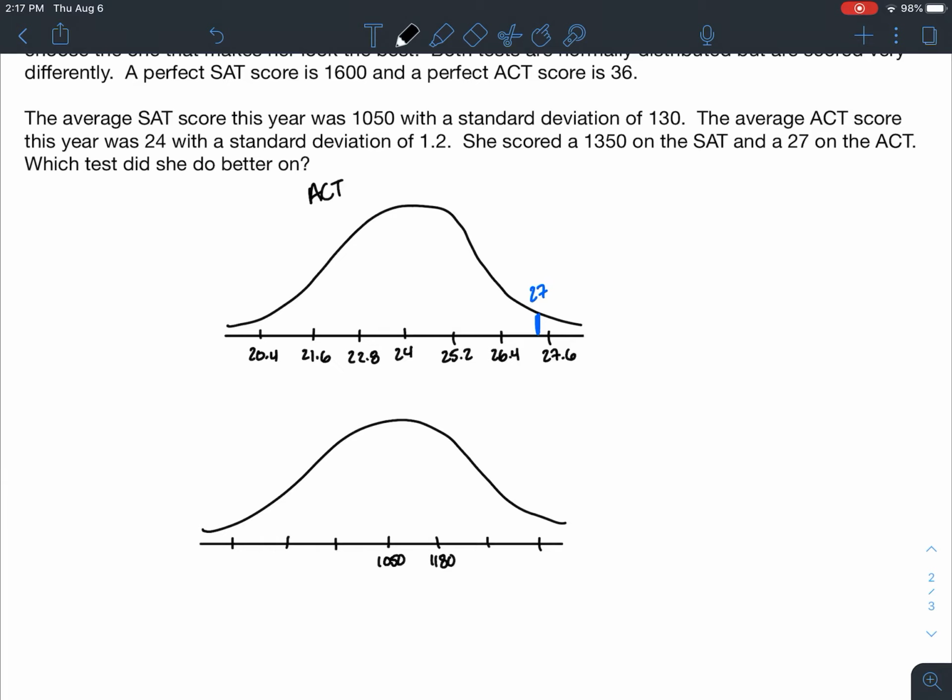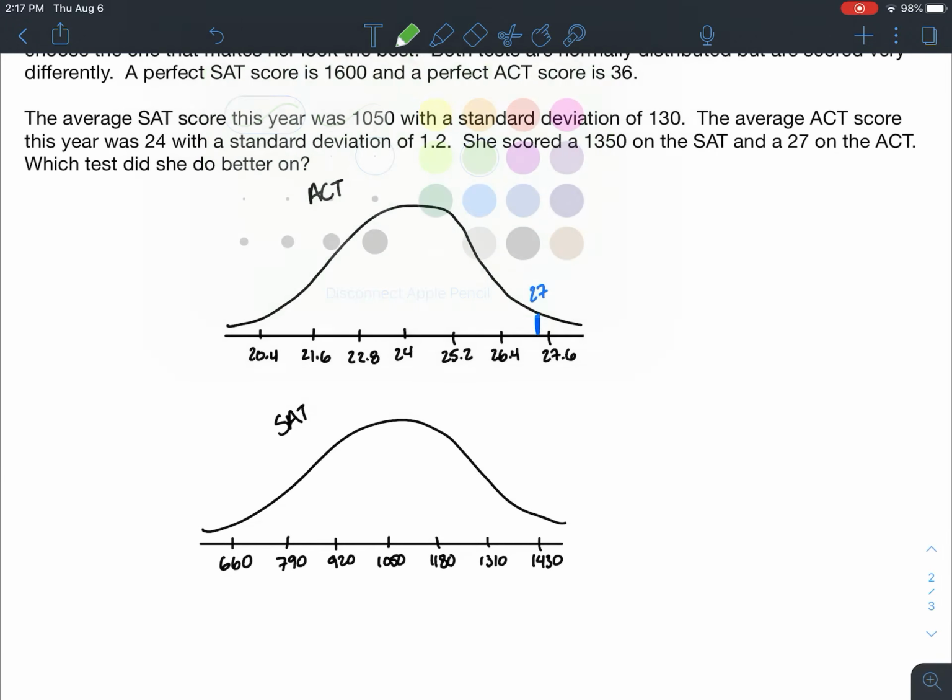Then if we add 130 to that, that's going to put us at 1310. And then 130 to that, 1430. Then that's going to be 920, 790, and 660. Okay, so this is her SAT score curve.